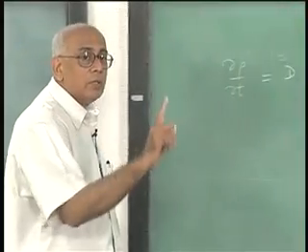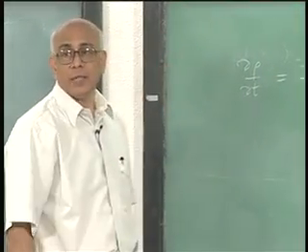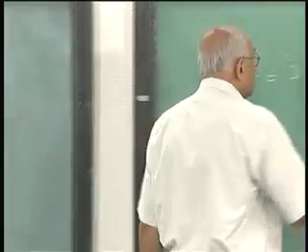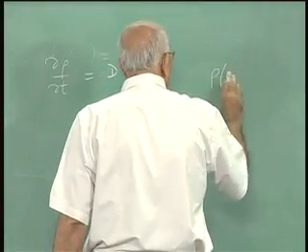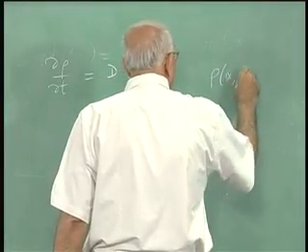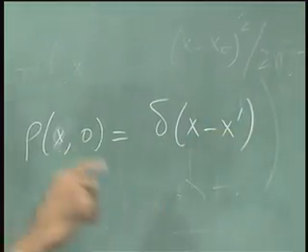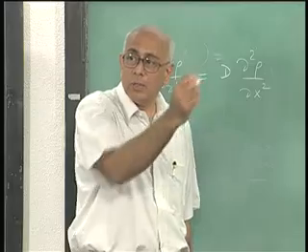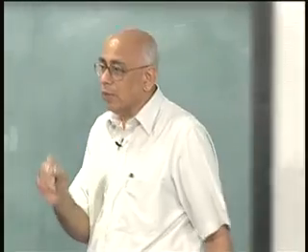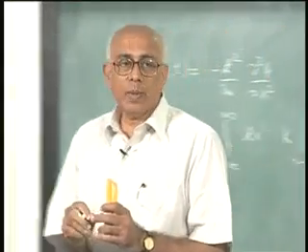If you start with a source at some point x prime, so if you say rho of x comma 0 equals some delta of x minus x prime, some special point x prime, you have the entire molecular species concentrated at x prime, and then you let it diffuse as a function of time. The answer is some kind of Gaussian.